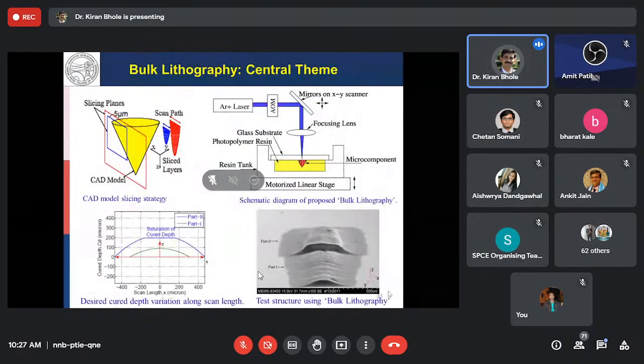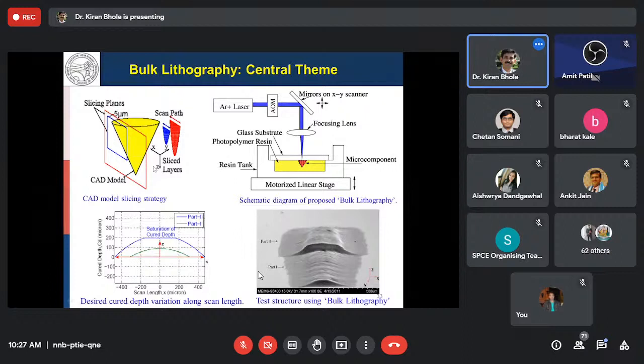So first of all, the central theme. You have the CAD model. The similar CAD model we have seen in case of the MSL system, and now the same CAD model is taken here in bulk lithography. Now it is sliced here.